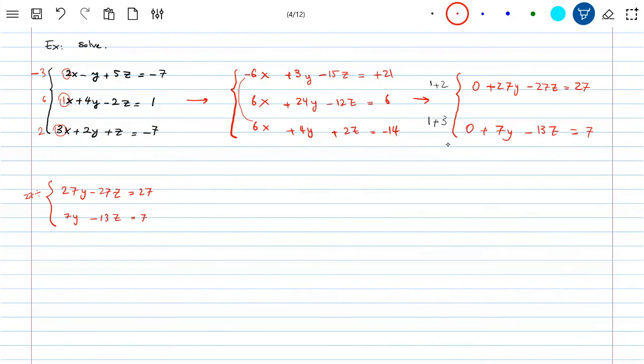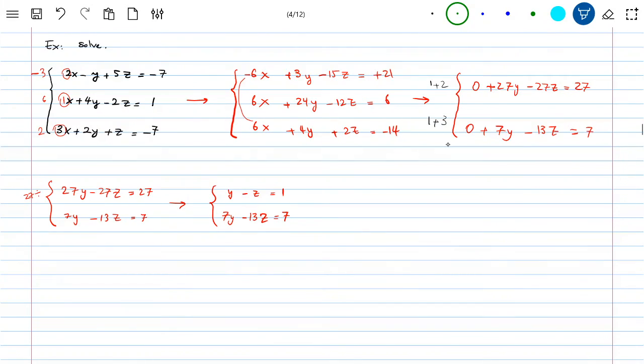By doing that, I will make the coefficients much smaller. I can write this as y minus z equals 1. Second equation, I cannot divide by anything, so I'll keep it as that. If I could divide by 7, I would do that. Otherwise, you have to keep increasing the coefficients. That's why I did that.